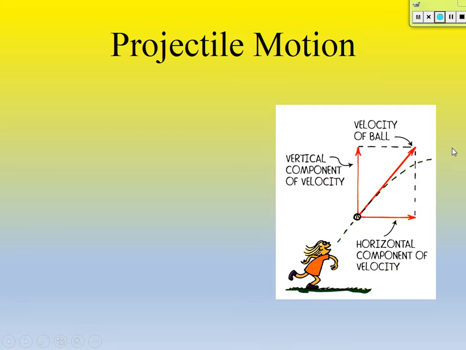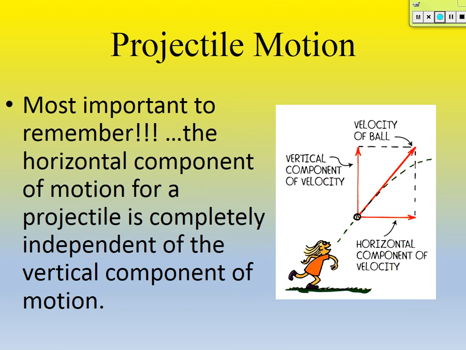All right, guys, we're going to talk about horizontal projectile motion today. Most important to remember, like this slide says, is the horizontal component of motion for a projectile is completely independent of the vertical component of motion.